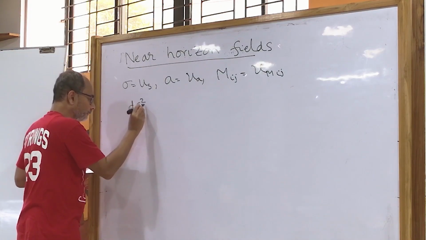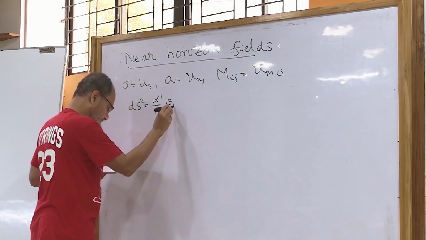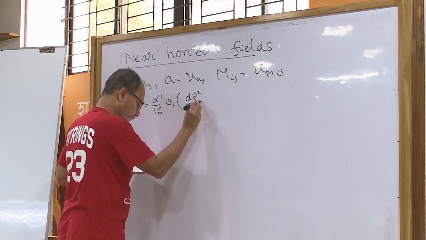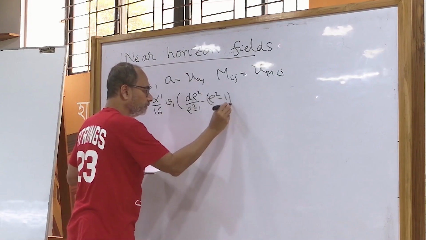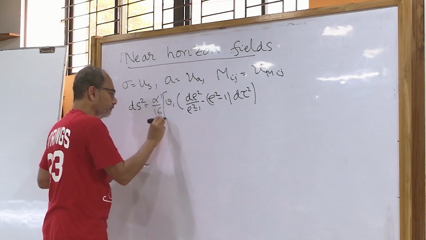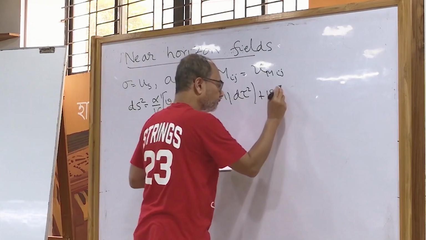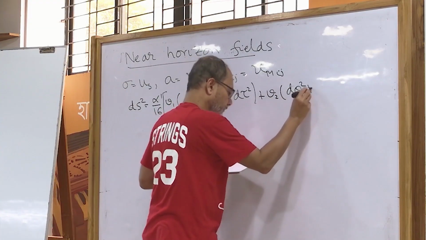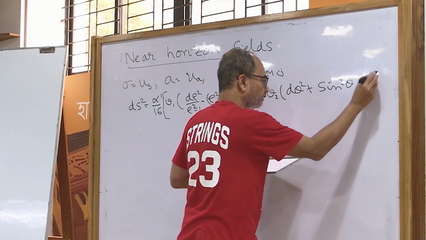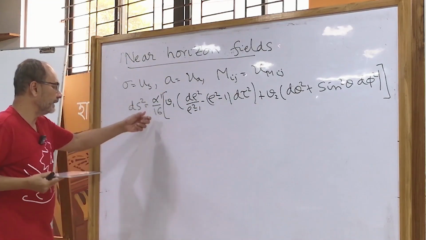We'll take the metric to be... so this alpha prime over 16 is just an overall constant.